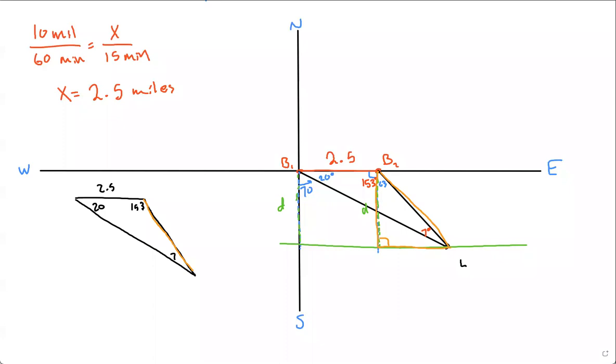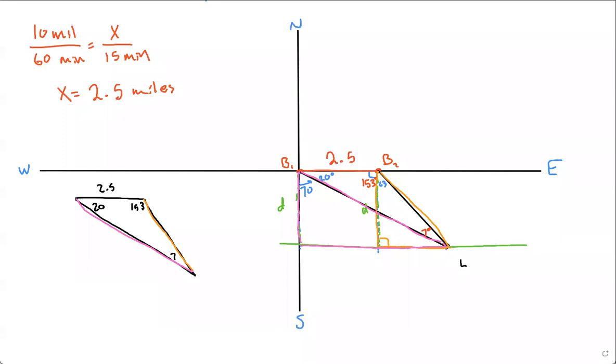The other option is I can find this side that I'm highlighting in pink using law of sines again, and that would give us this right triangle, pink. And again, same idea. You can use sine or cosine or tangent depending on what sides and angles we end up having to solve for D in the pink triangle as well. So two options, basically the same thing both ways.